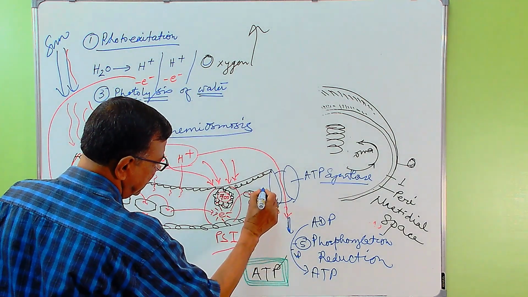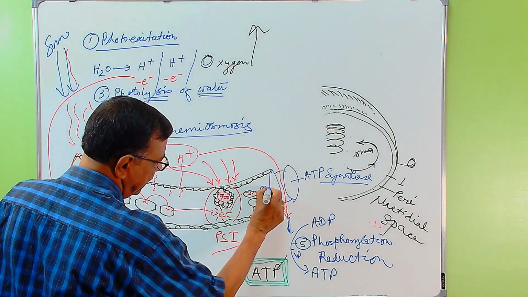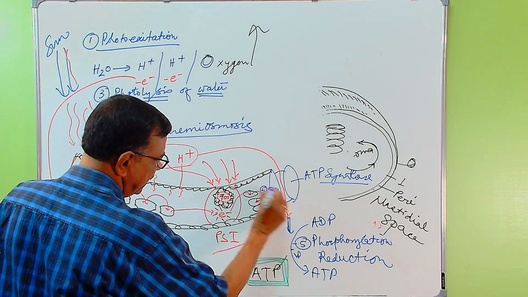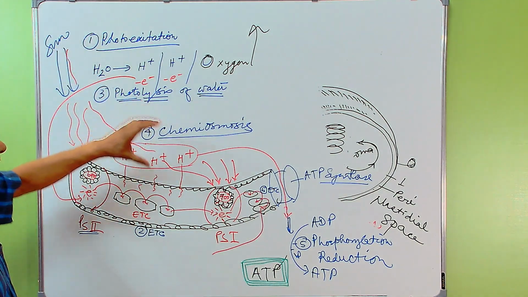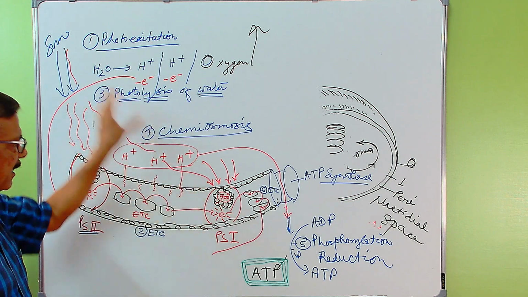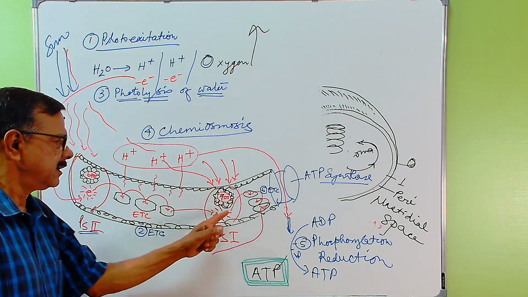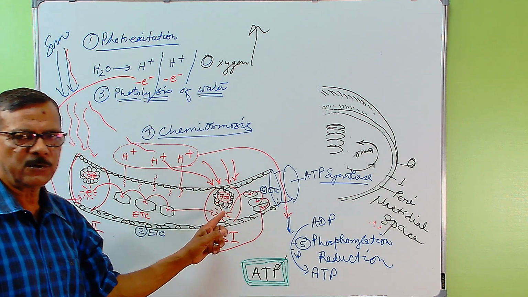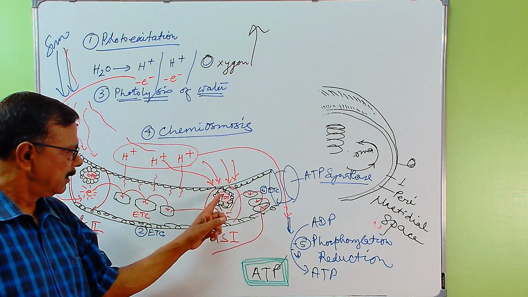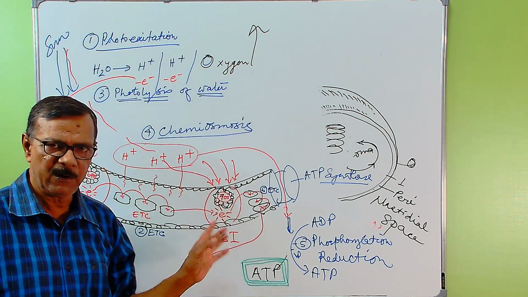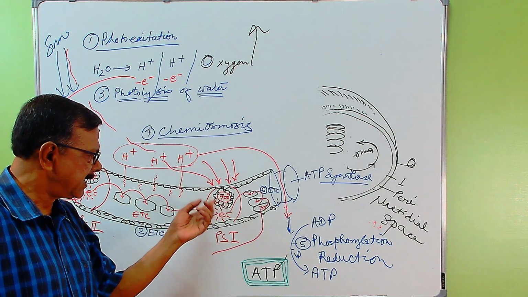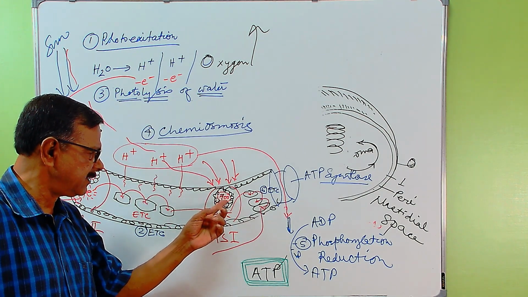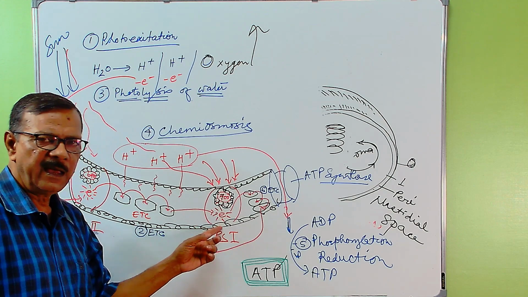This is 5, this is 6. 6, ETC. So what you will write? Another case of photoexcitation takes place, and this photon hits the cluster of molecules of PS1 containing the P700 molecule along with the other accessory pigments, which helps to eject one electron, and that electron is excited.